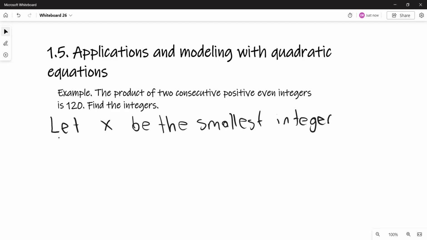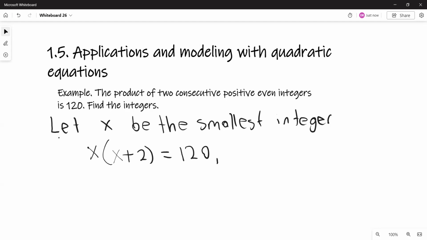So if we have two consecutive even integers, that's going to be x, and the next even integer is going to be x plus 2. So even numbers increase by 2. The product of these two is 120.